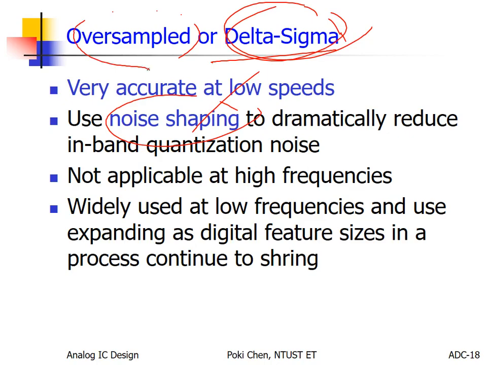It means the overall speed will become very low, but you will get the best accuracy. Nothing is free. To increase the accuracy, you need to sacrifice your speed. The delta sigma converter is the best example of this idea.